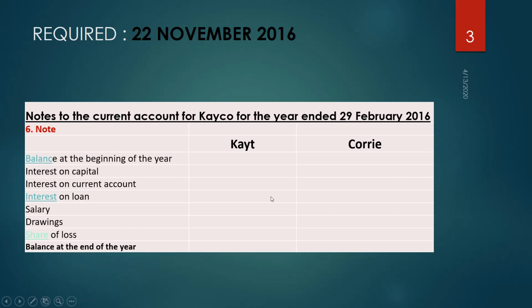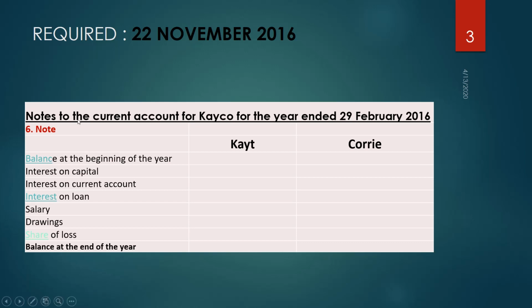The first item is balance at the beginning of the year. I think it's important that you understand that you have to start with the balance because the note to the current account also serves as a reconciliation.